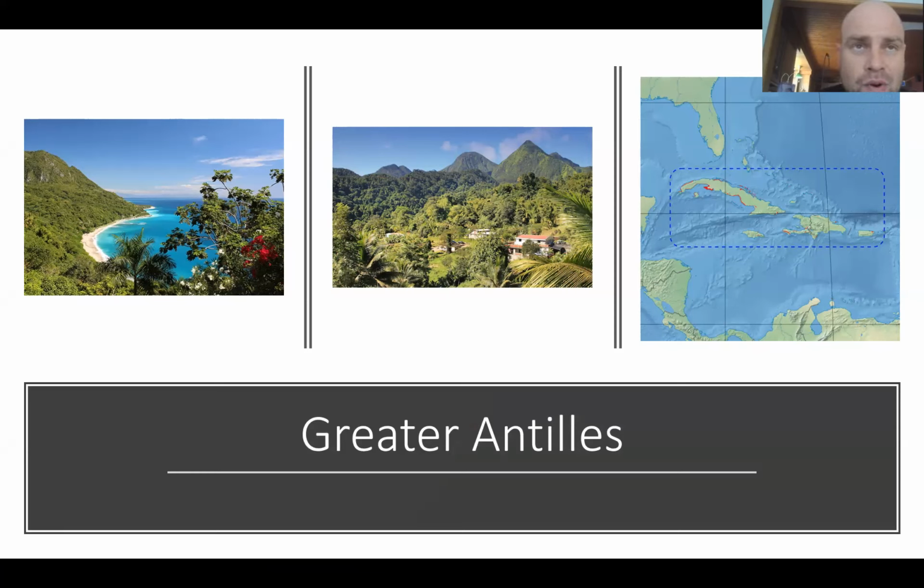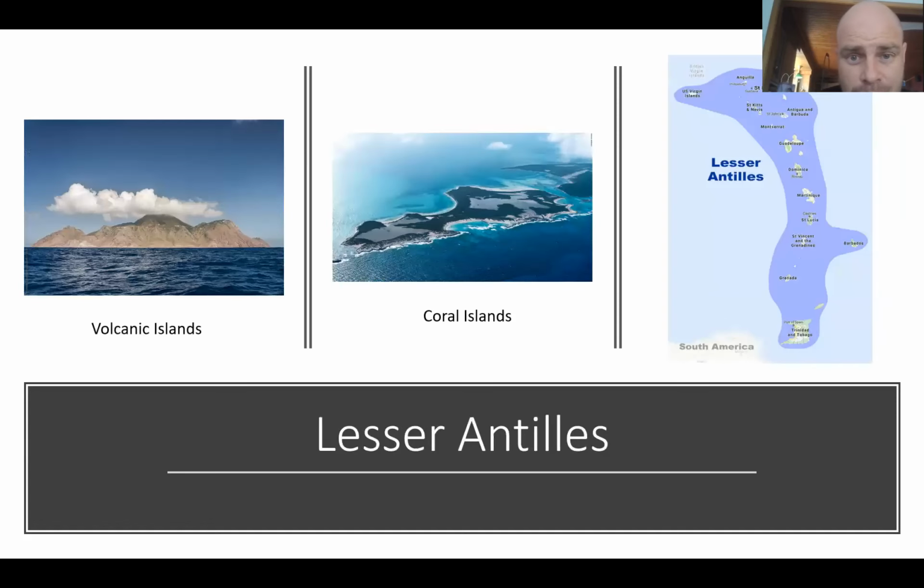They have much more varied geographies, all of them are somewhat mountainous with flat areas and beaches and such. There's a lot of different sources of materials and such as well. Cuba is the largest, though Hispaniola is also pretty large.